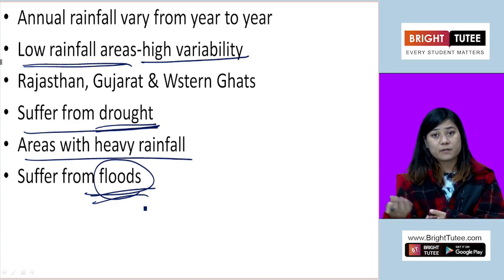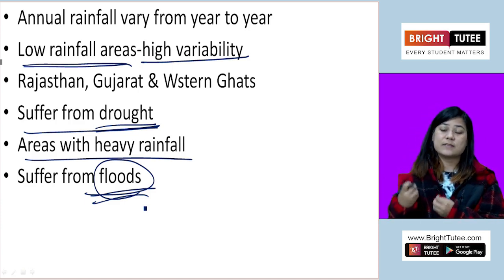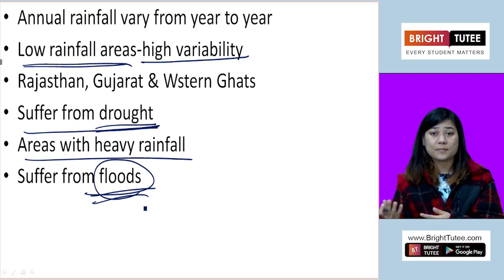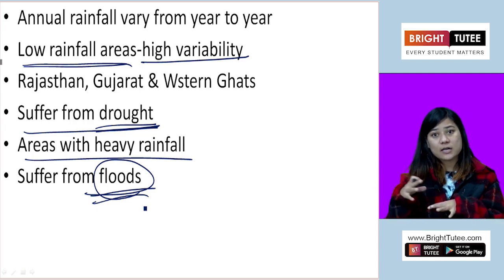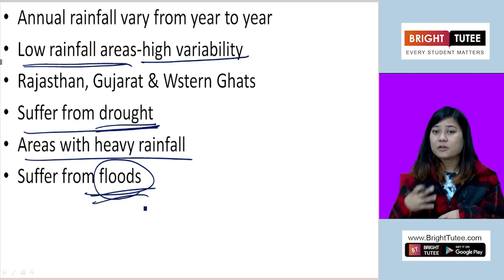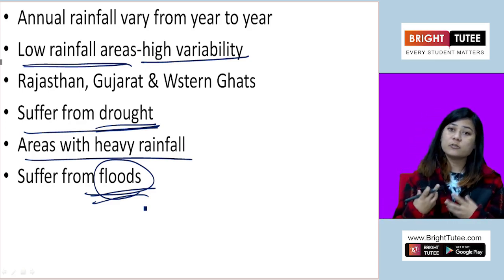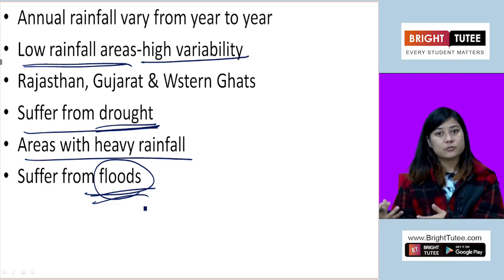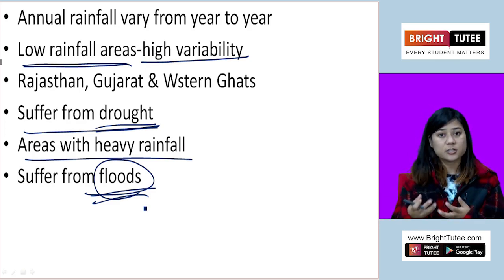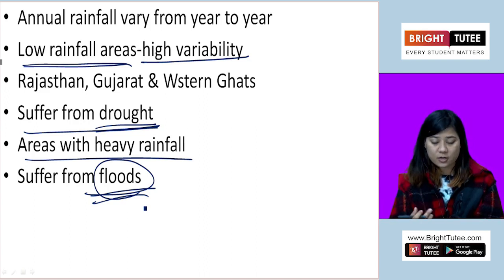Even when you have heavy rainfall, you still suffer from flood. The areas which receive heavy rainfall, like Assam, always suffer from flood. These are flood prone areas. This occurs because of the unequal distribution of rainfall and snowfall. All these lead to conditions like flood, drought, famine, etc.